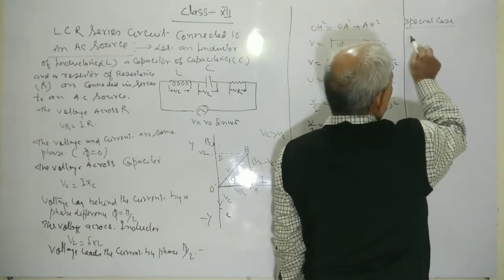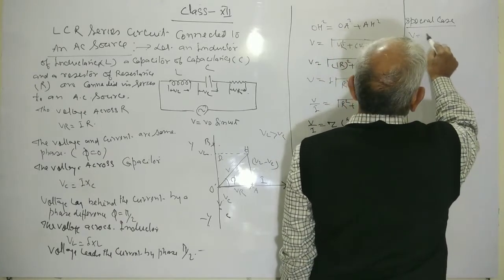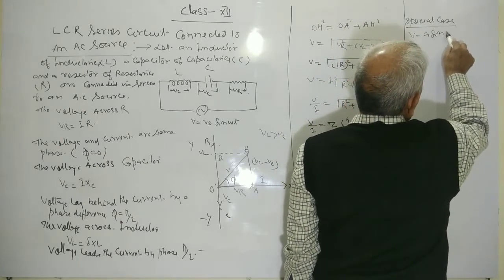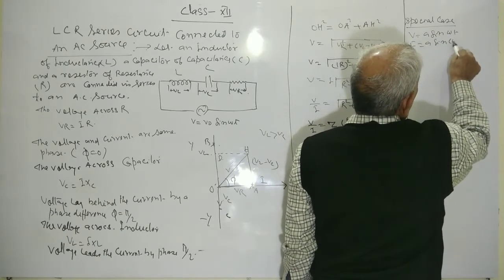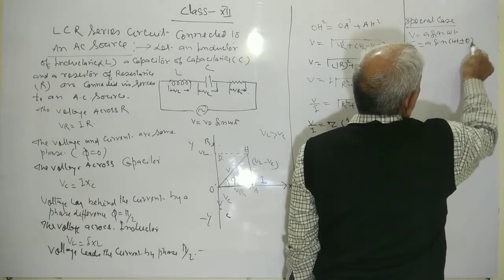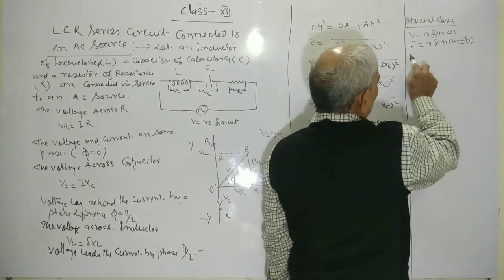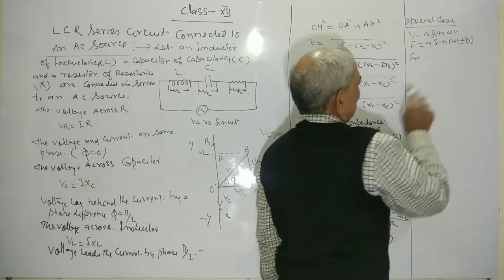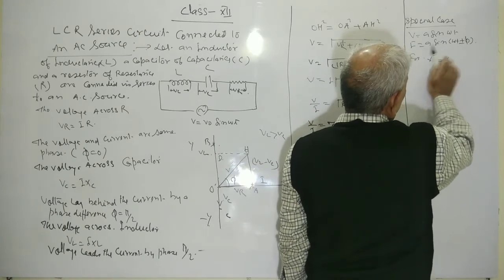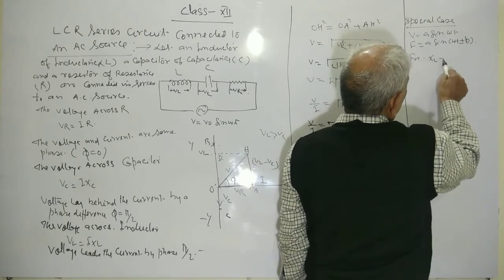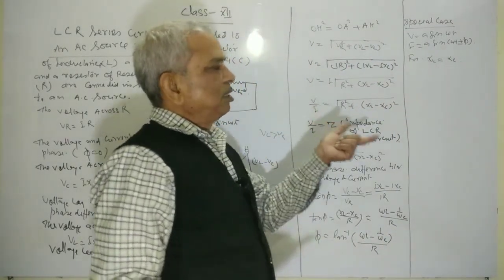Let V equal to A sin omega t, I equal to A sin omega t plus or minus phi. Phi is the phase difference. For omega L equal to 1 upon omega C, for XL equal to XC, then there is only the resistor in the circuit.